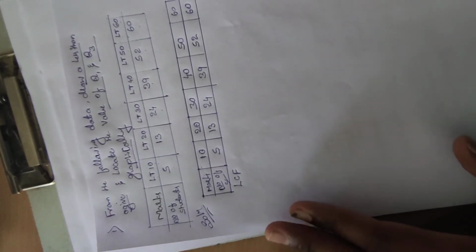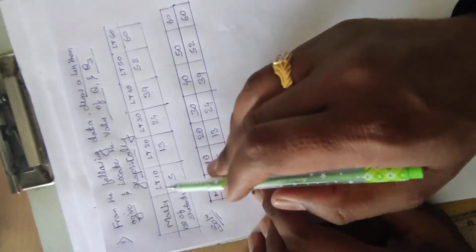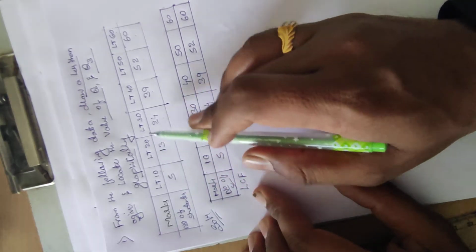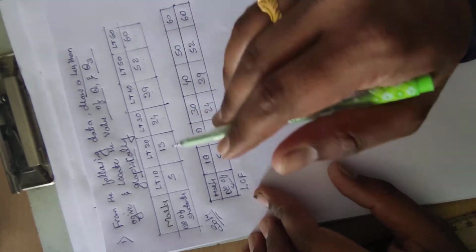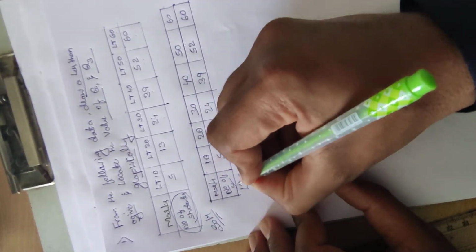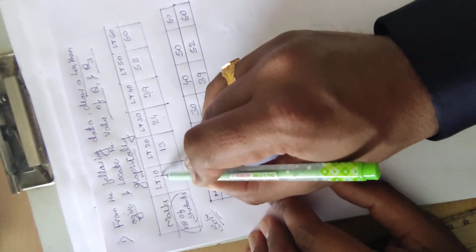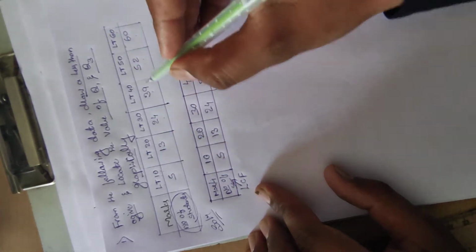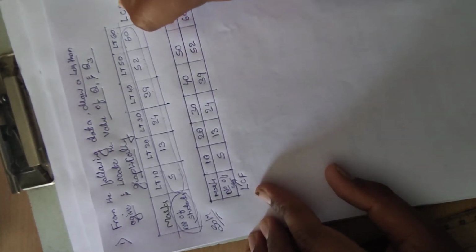Okay students, we have to identify the less than cumulative frequency, but in this problem they have given less than 10, less than 20, up to less than 60. So the number of students is the less than cumulative frequency, because they have already calculated it.